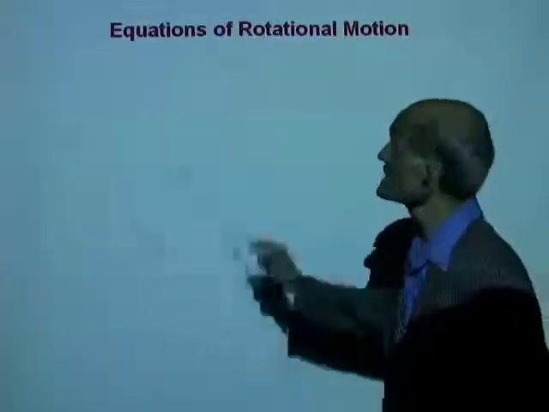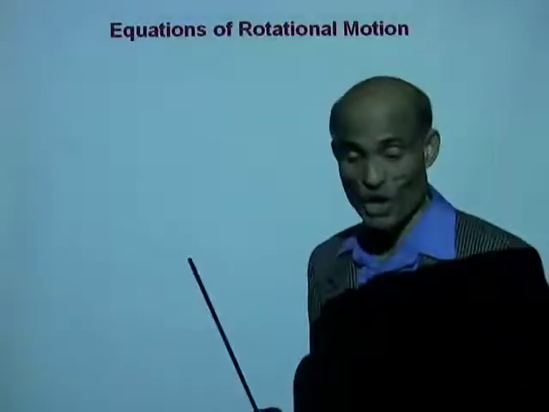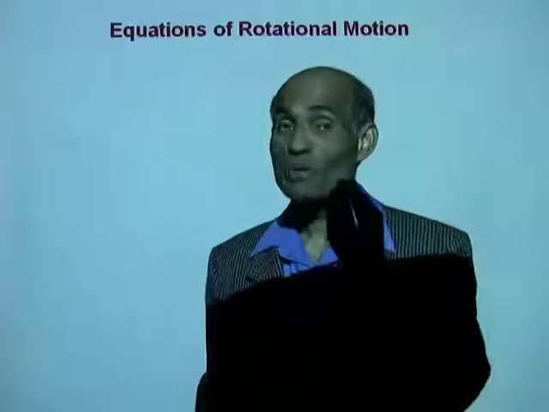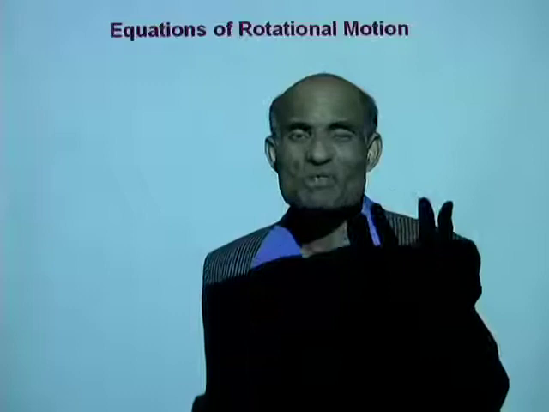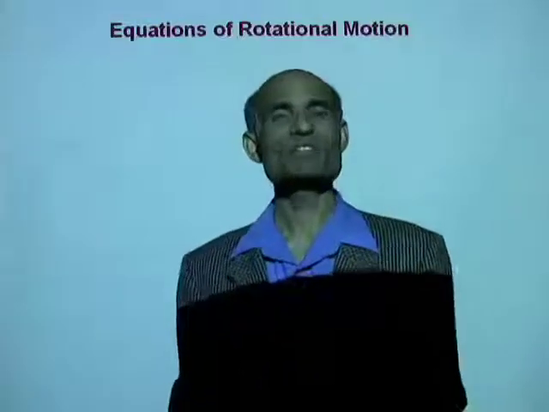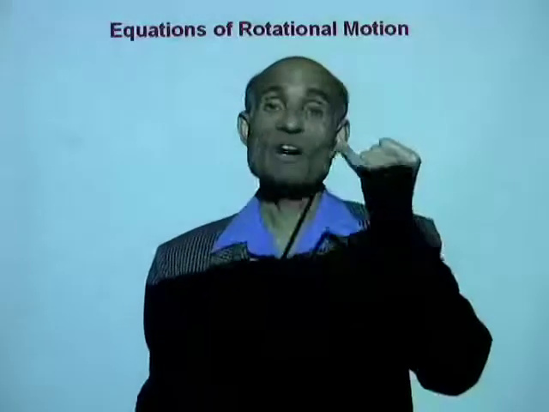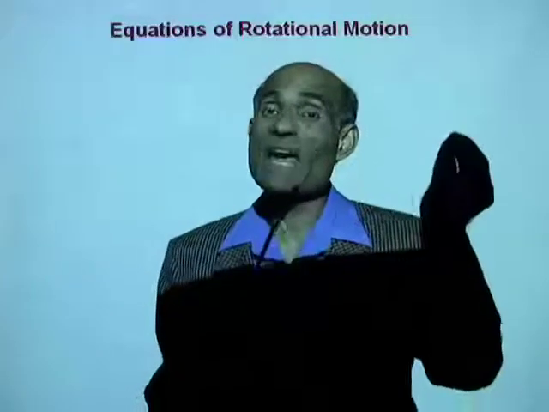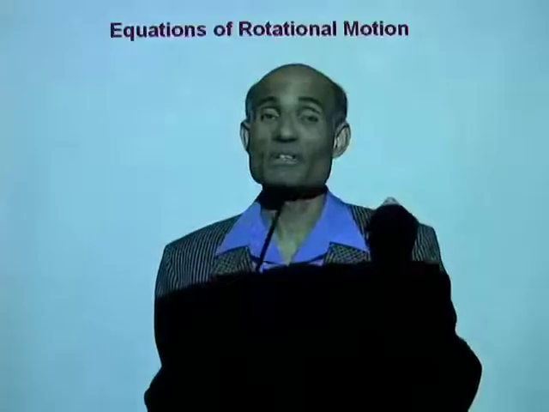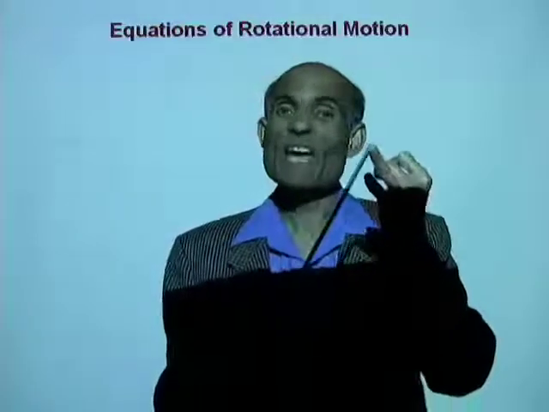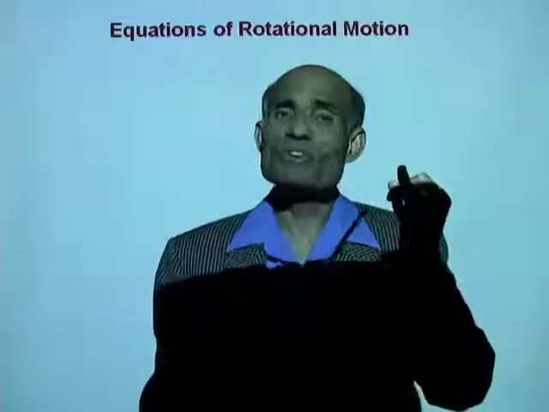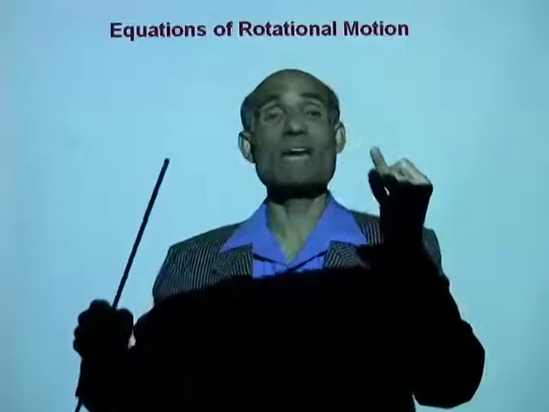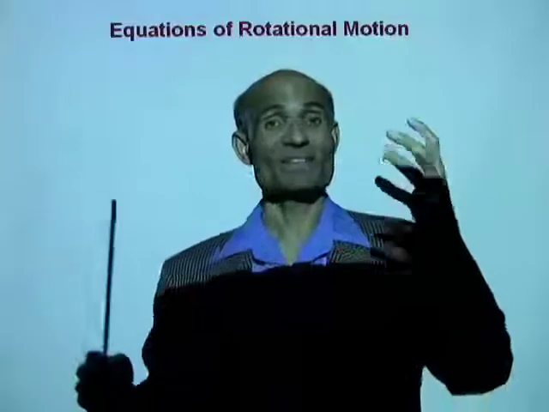Alright, let's now look at equations of rotational motion. Well, you know your equations of linear motion, don't you? What are the equations of linear motion? We've got Vf equal to V0 plus At, one equation. The second equation: X equal to X0 plus V0t plus 1/2 At squared.